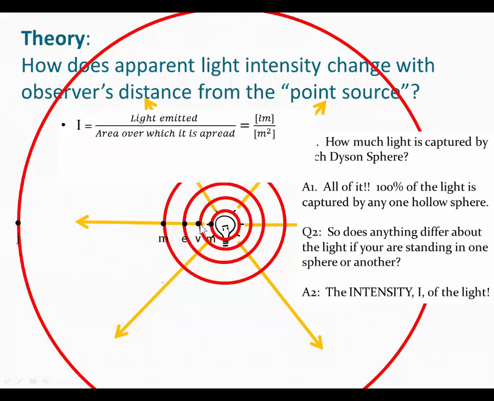On Venus, it'd be spread over a smaller area, it'd be much more intense, and you'd get sunburn in about 10 minutes versus 2 hours on Earth. On Mercury, which is even closer, you would get sunburn in about 30 seconds, probably less. Versus on Jupiter, that same sunlight is spread over a much larger area, so the area is increasing, and you would probably take a year to get sunburned under the new sun.